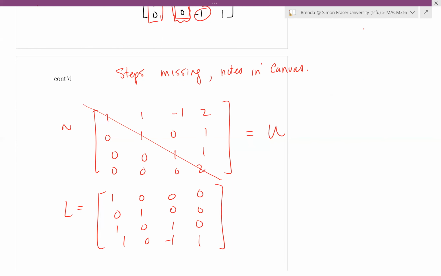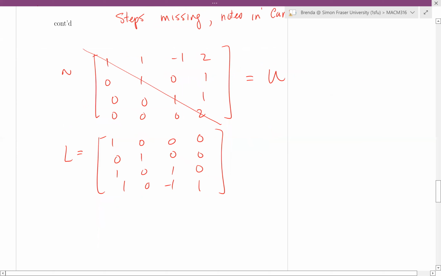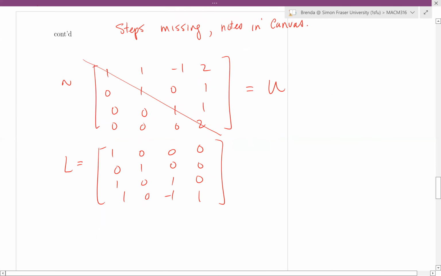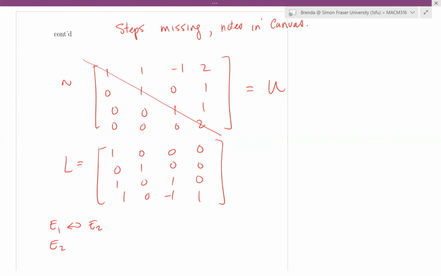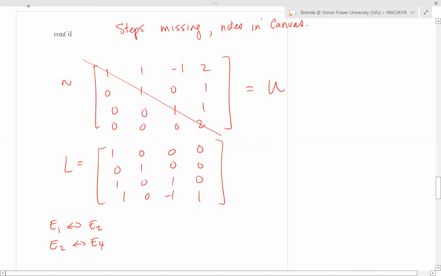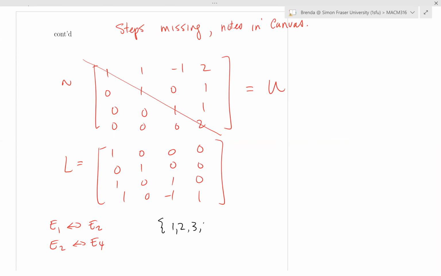Okay, so now I've got an L and I've got a U. Now I have two row exchanges. I exchanged E1 and E2, and I exchanged E2 and E4 during this process. I kept track of those steps. If I think of this as a permutation, the rows were ordered like this, and then I made a permutation, and the rows were ordered like this.